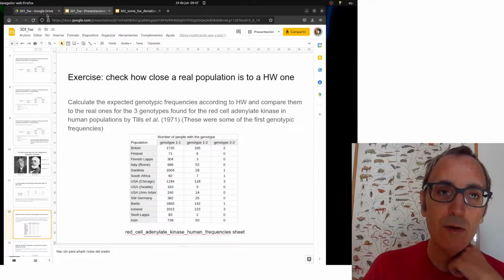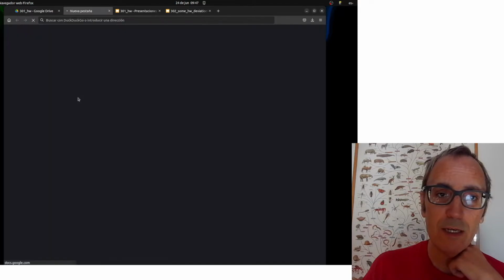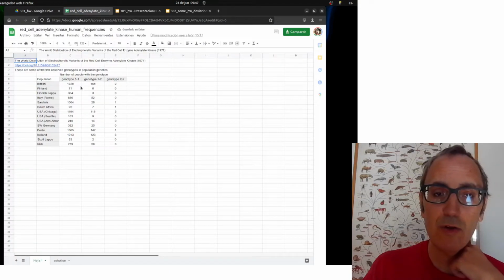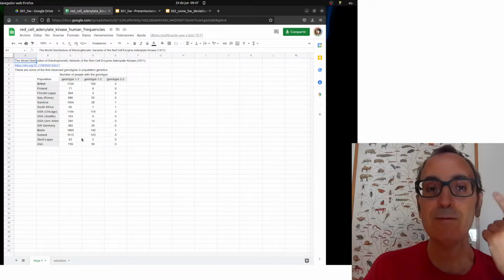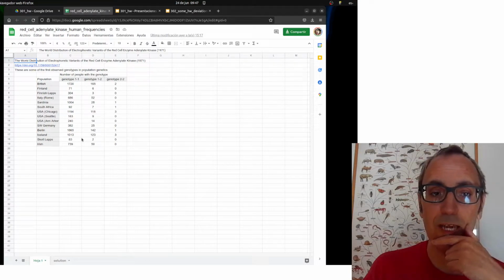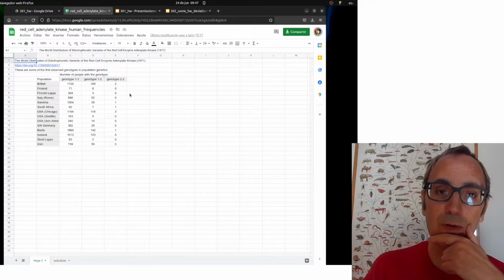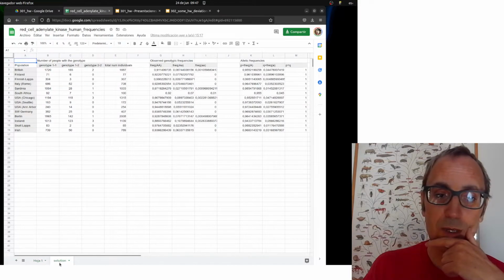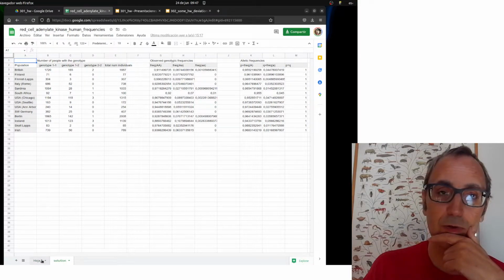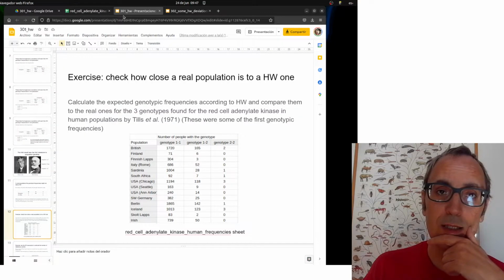So you can go there, and from the genotypic frequencies you can try to calculate the allelic frequencies and then the expected genotypic frequencies if these populations were in Hardy-Weinberg, and then you can check if the difference is big or small. Here you have the solution to this exercise.